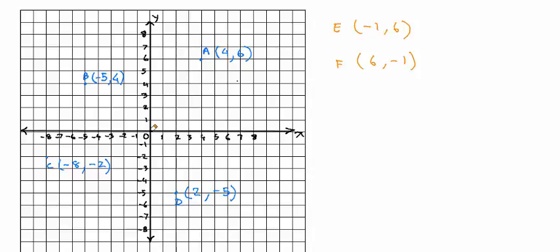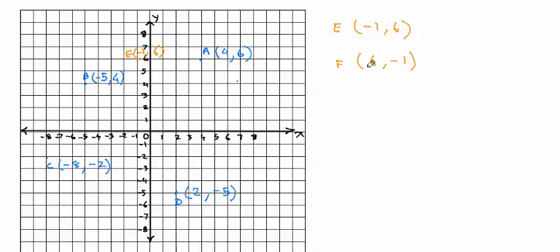Therefore, you want to start with 0 on the x-axis and move over one place to the left where you see a negative 1. And then if you look back, the y-coordinate of point E is 6, or a positive 6, which means we need to go up from that point 6 places, and this is exactly where you end up. This is point E, negative 1, comma 6.